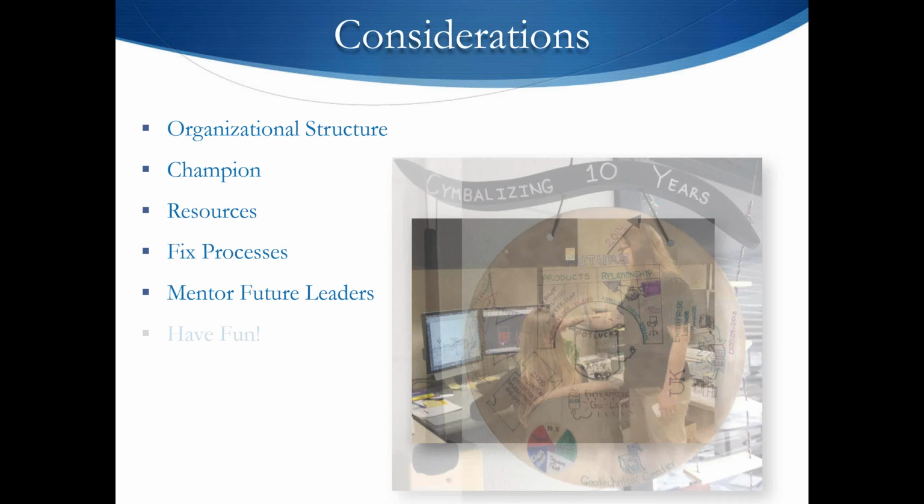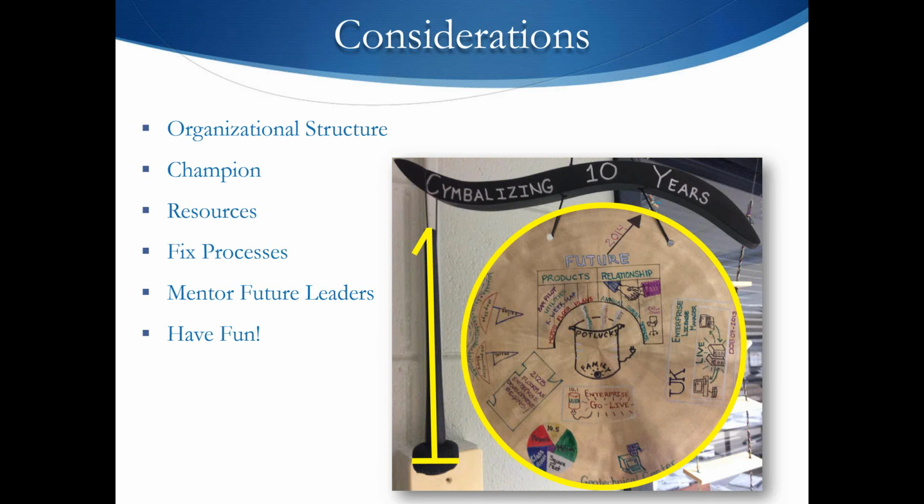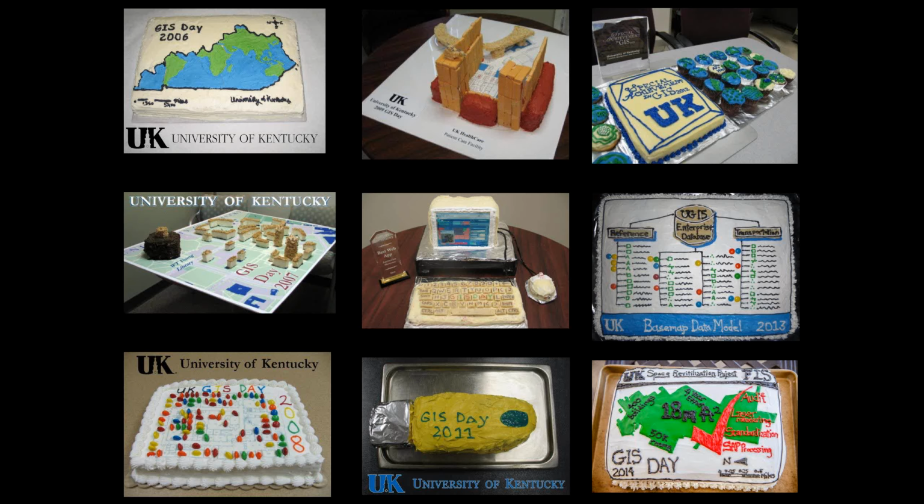And then lastly, have fun. Take time to do achievement activities like this one, where we created this to symbolize our 10 years as a department. Very important. And then these cakes, they represent our biggest project or achievement of the year.